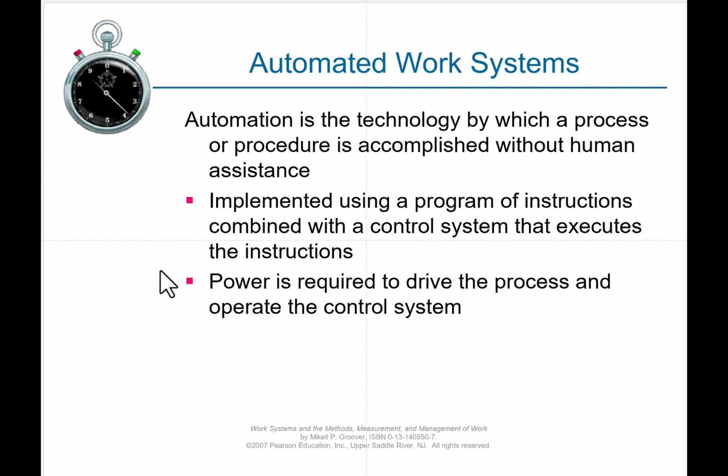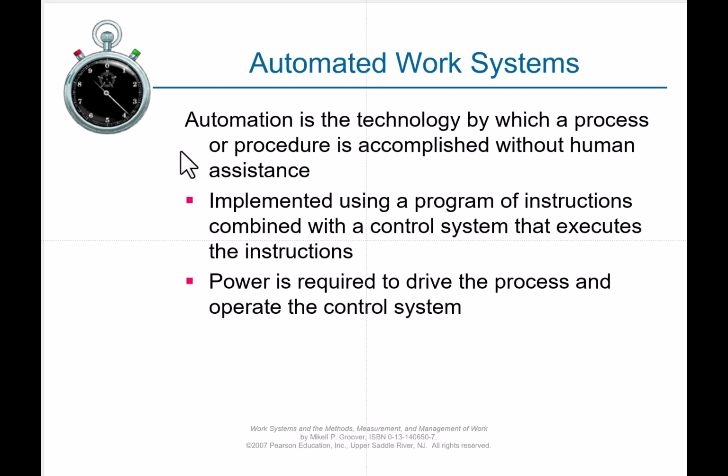Now we have the automated work system. Automation is the technology by which a process or procedure is accomplished without human assistance. You may be involved in automating a manual process, finding robotic equipment, or finding a CNC machine which can do drills automatically.